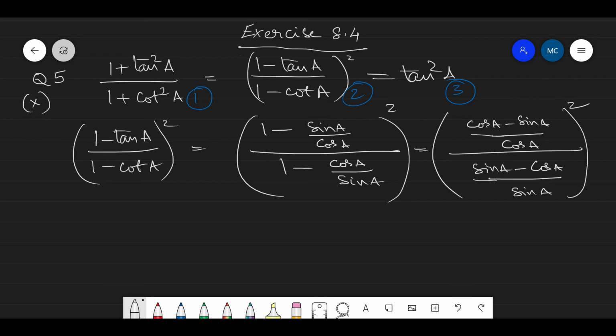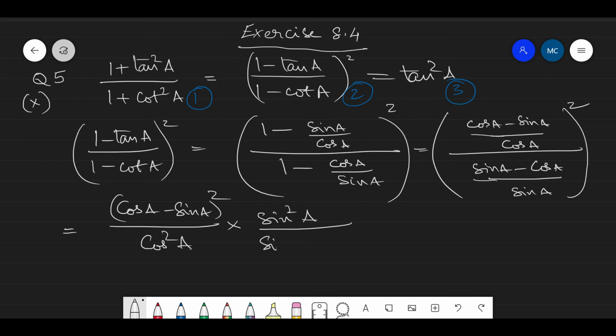If you do it more simplified, it will be cos A minus sin A whole square by cos square A into sin square A by sin A minus cos A whole square.